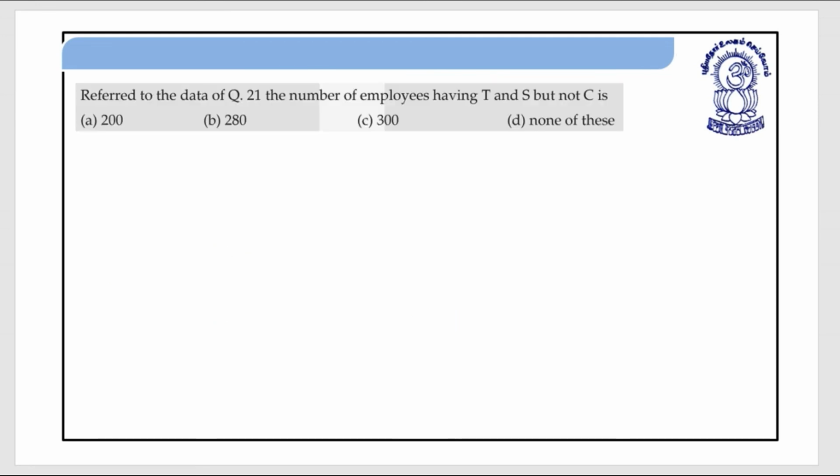Question number 22. Refer to the data. The number of employees having T and S but not C is.